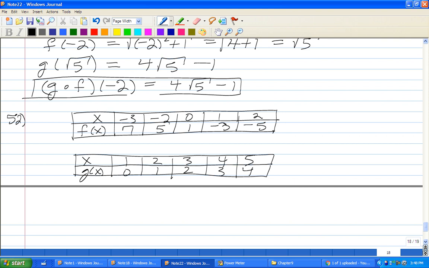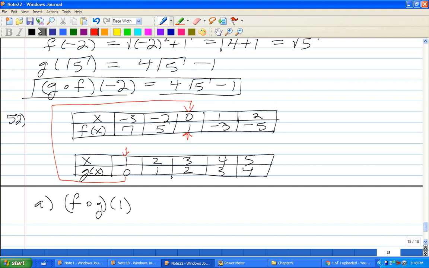Okay. So I want to compute part A, f composed with g at 1. And so I'll input for x 1, find the output for g, make that an input for f, and find the output.